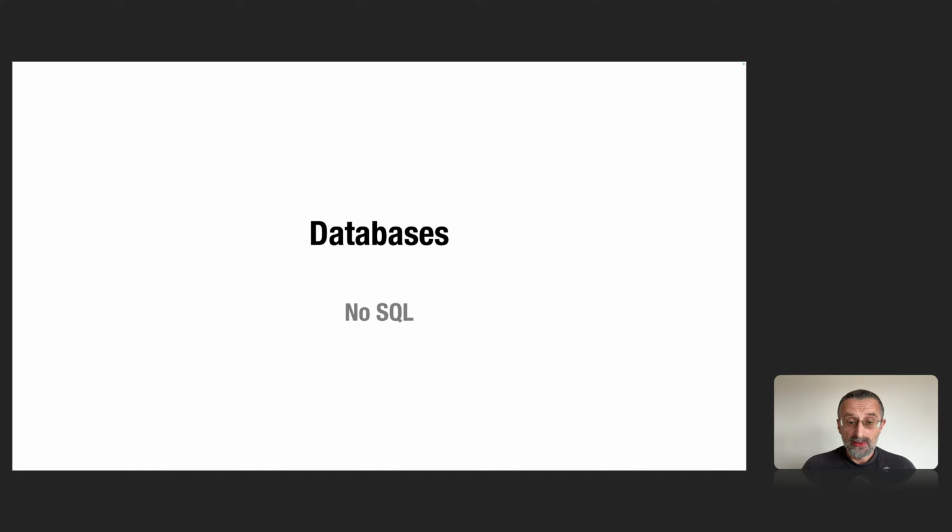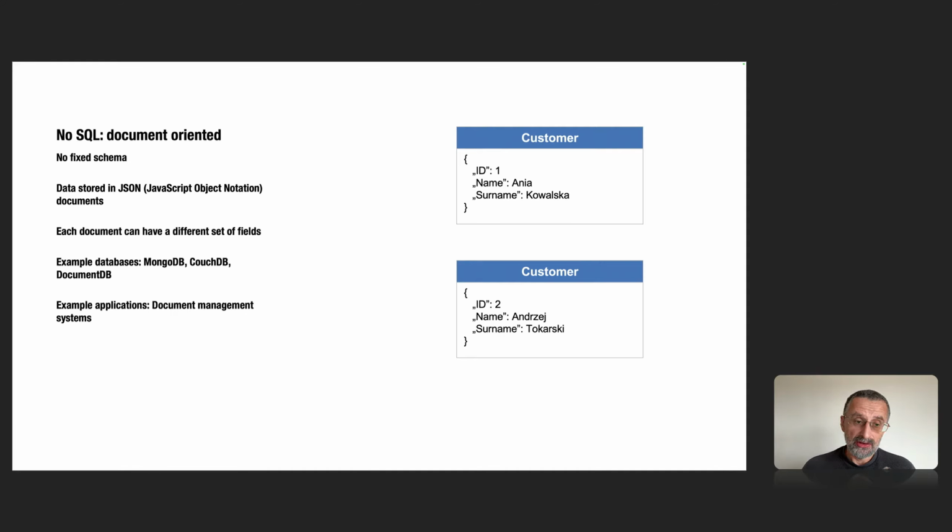We may also have not only SQL databases, and these are used for storing unstructured data. And just to give you a brief sneak peek at the different types of NoSQL, not only SQL, databases. Firstly, we have document-oriented databases. They have no fixed schema.